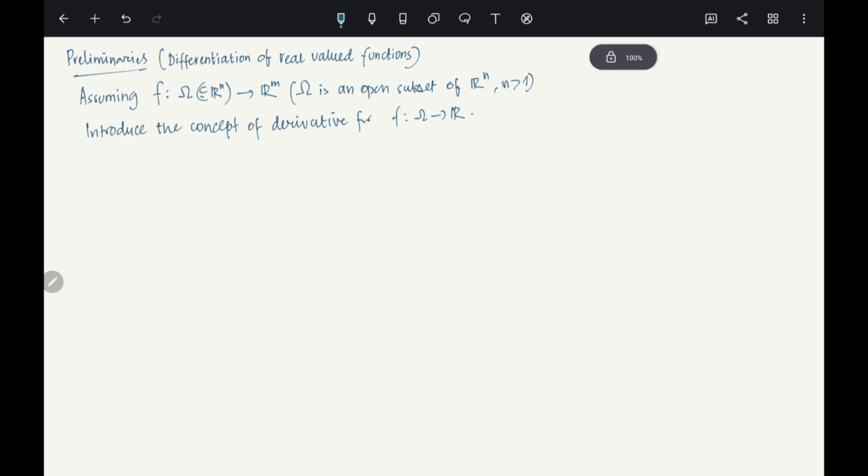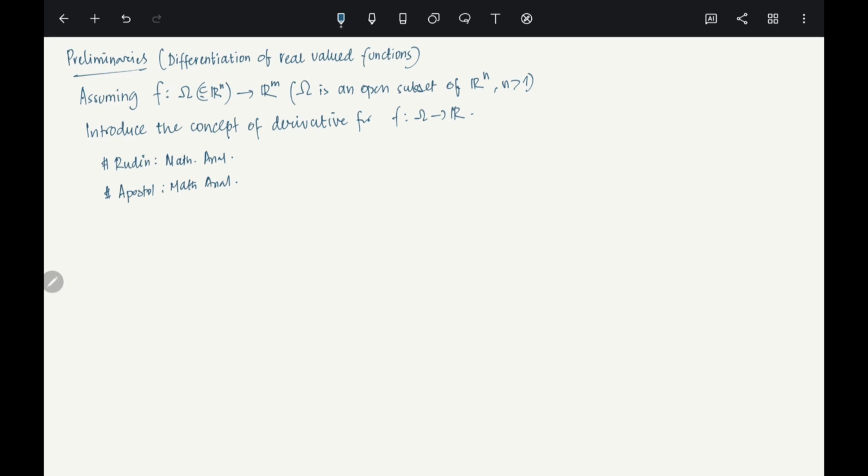If you want to study more on these subjects, you have the books by Rudin, Principles of Mathematical Analysis, and the Tom Apostol book, also Mathematical Analysis. These are the two books you can look at for these things.